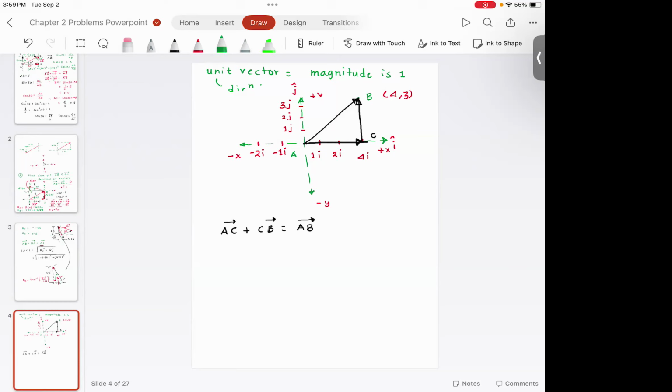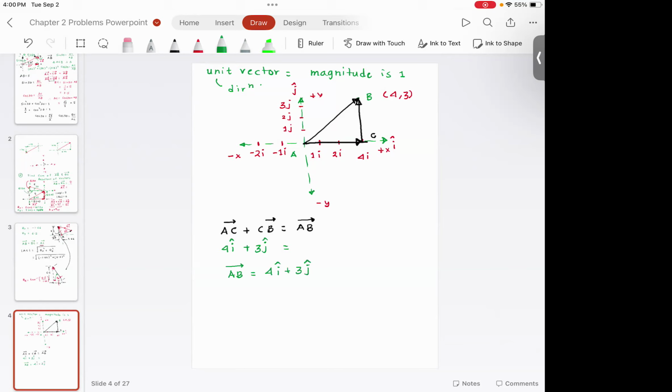I'm going to say AC is 4i, CB is 3j, and my vector AB is nothing but the vector sum of these two, which is AB is equal to 4i plus 3j.